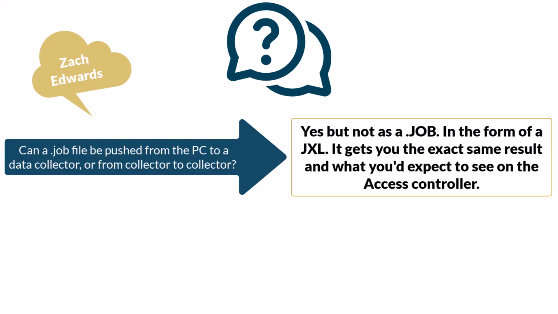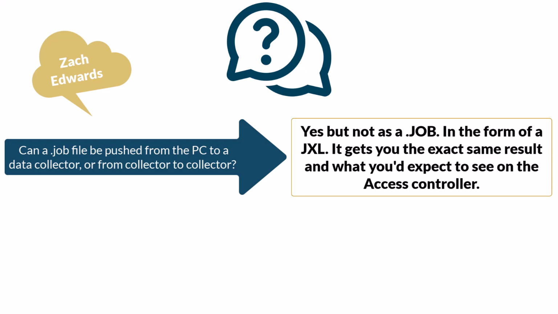But the other way around, you're actually using a JXL, a job XML. There are some other formats, right? People mentioned CSVs, CAD formats, GIS formats. There's a lot of supported formats, but a JXL would be how you would take data from a job, push it through TBC to Connect via TBC's connected workspace.